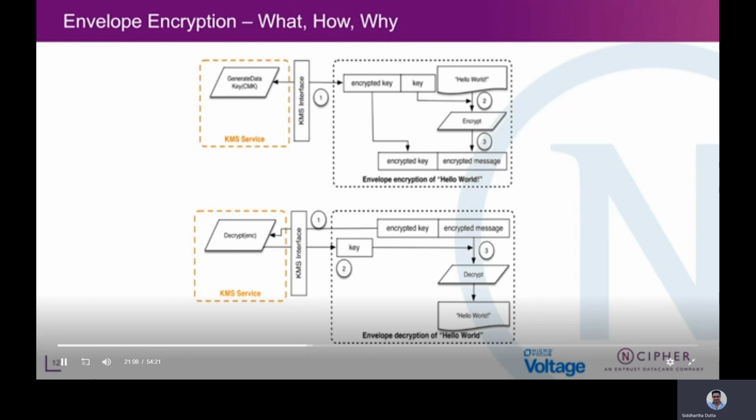So for all these operations, there's a trip back to the KMS, because that's where the master key resides, for getting that encrypted key decrypted. Now let's move on to bring your own key.